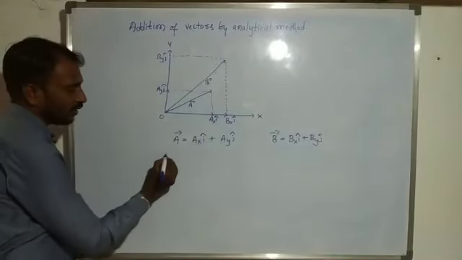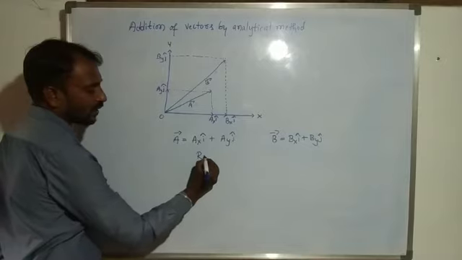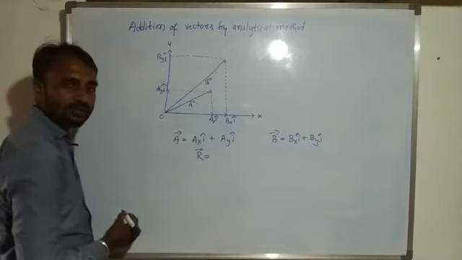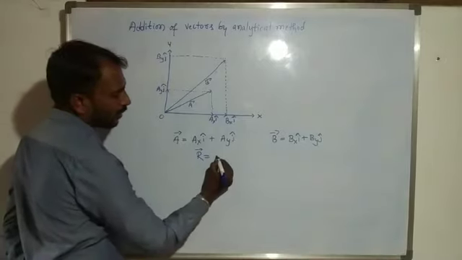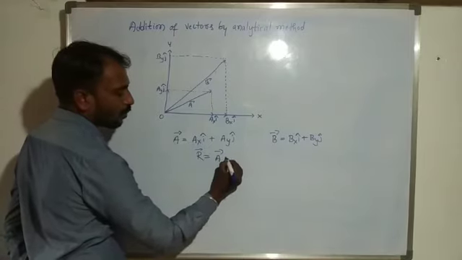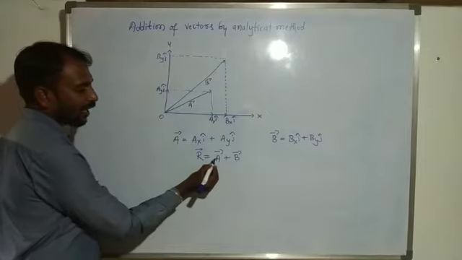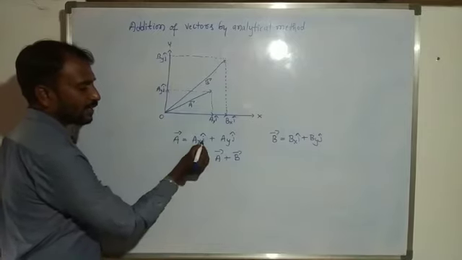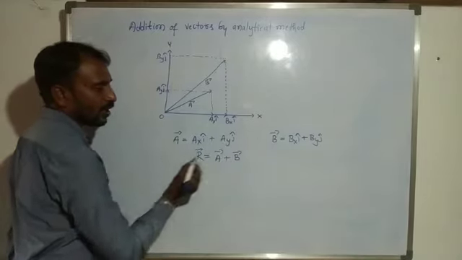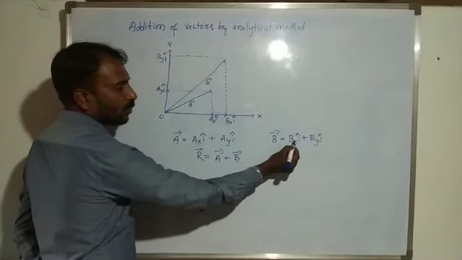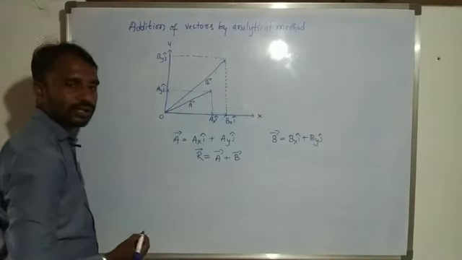So the resultant vector R is equal to vector A plus vector B. Vector A has the value Ax i cap plus Ay j cap, and vector B has the value Bx i cap plus By j cap.